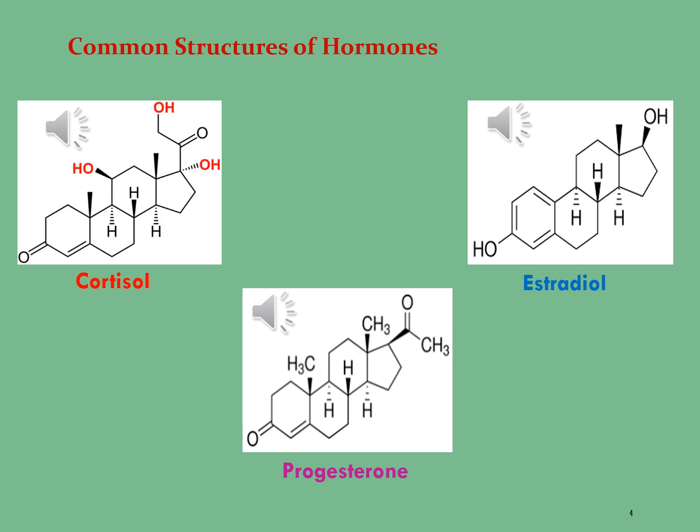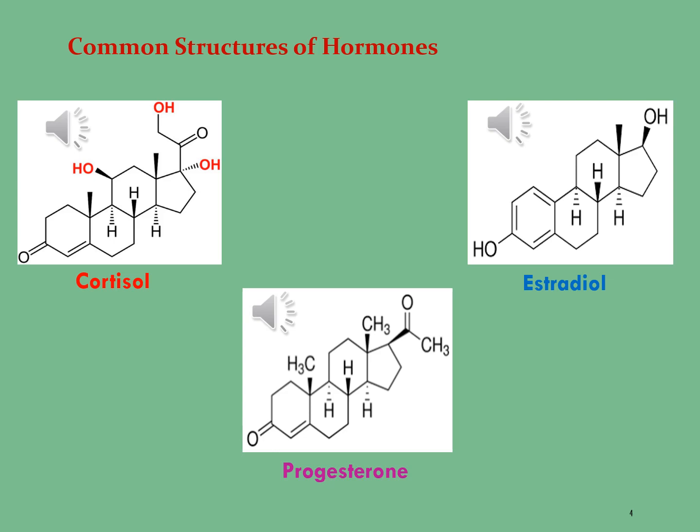The chemical formula of estradiol is C18H24O2, meaning it comprises 18 carbon atoms, 24 hydrogen atoms, and 2 oxygen atoms.